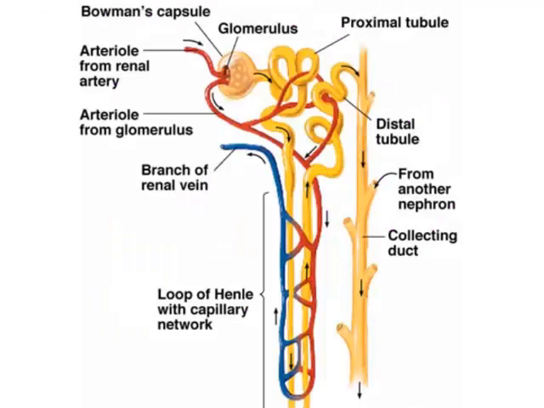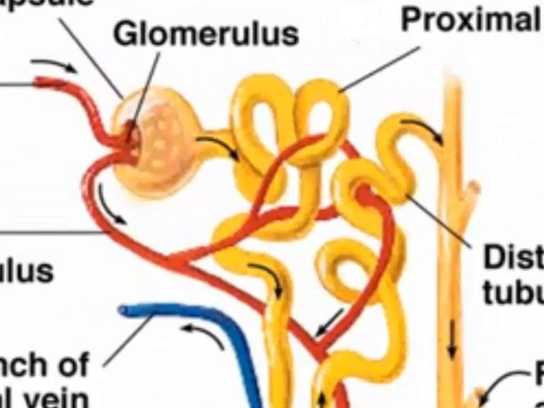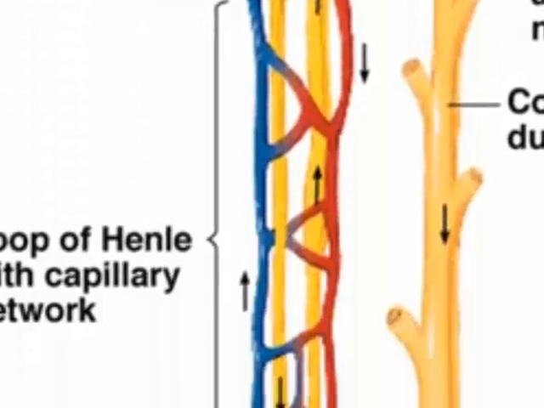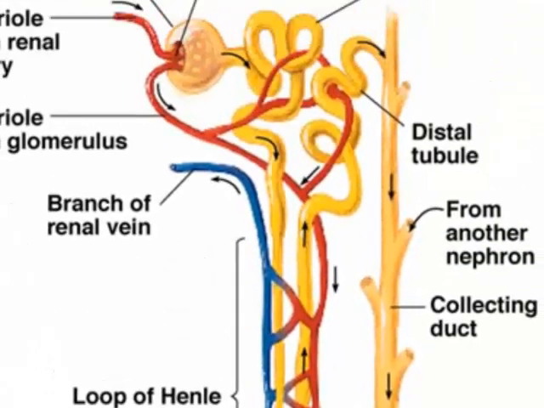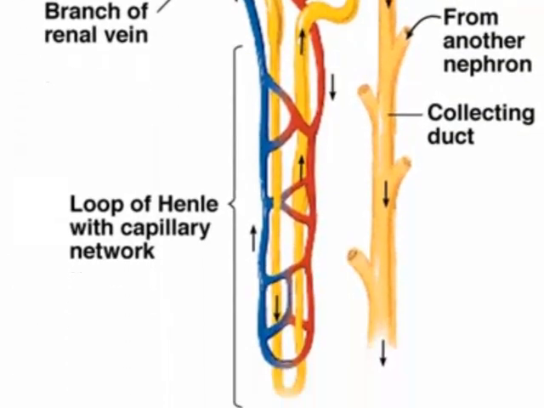This is the structure of the nephron, and it looks very, very complex indeed. If you look at the diagram carefully, you'll see that there is a yellow structure and red and blue structures, and those red and blue structures are blood vessels.